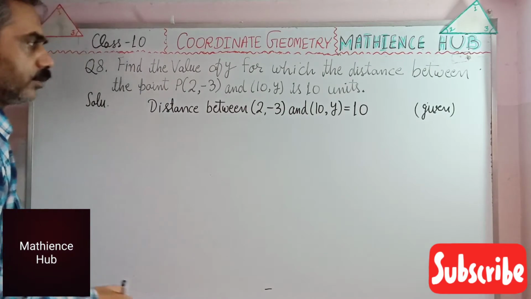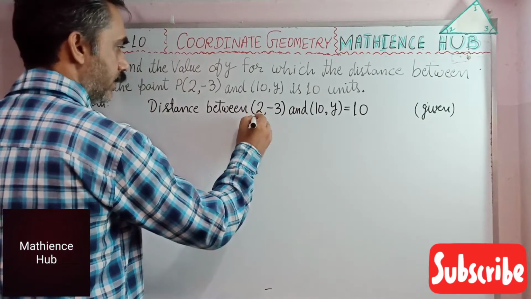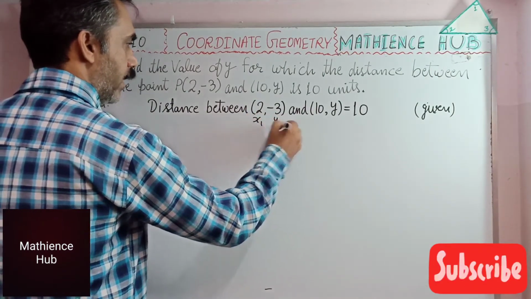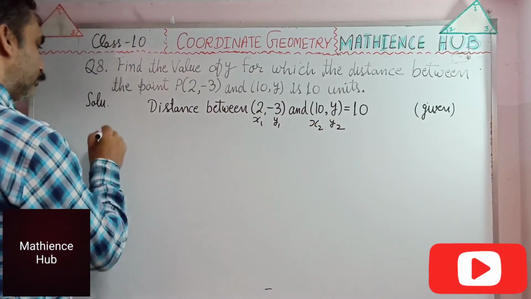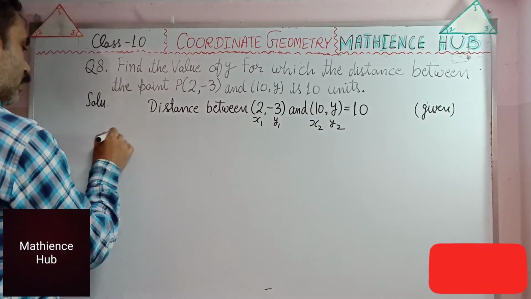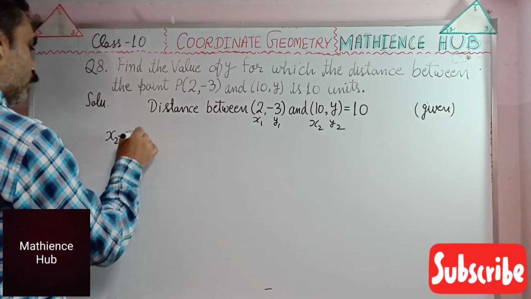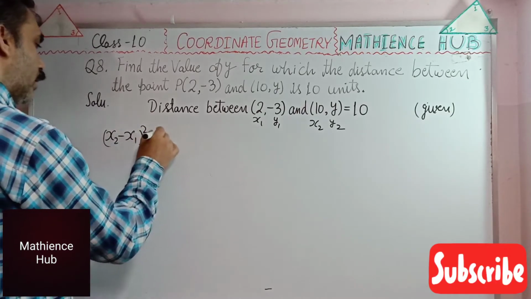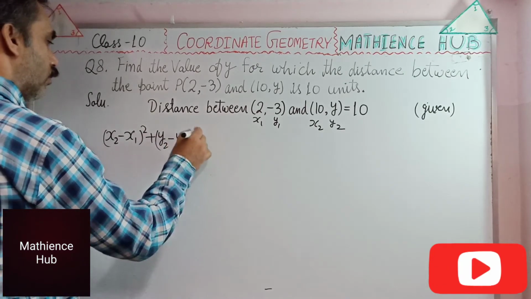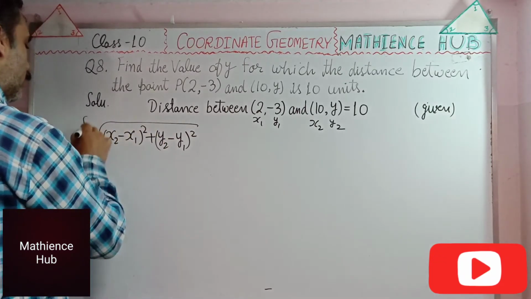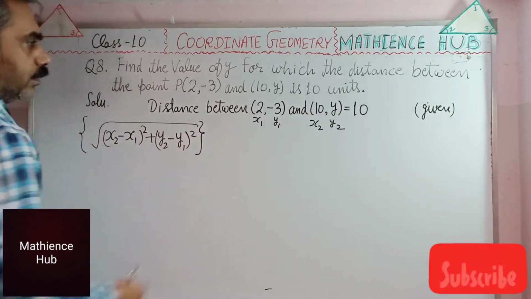Using the distance formula, this is x1, y1, x2, y2: square root of (x2 minus x1) whole square plus (y2 minus y1) whole square.